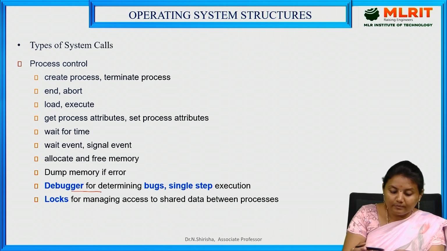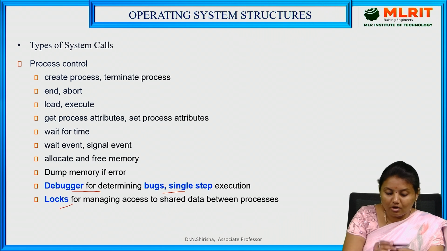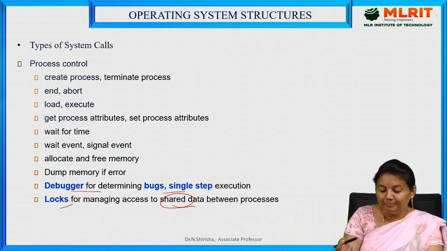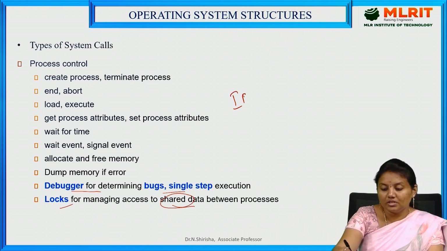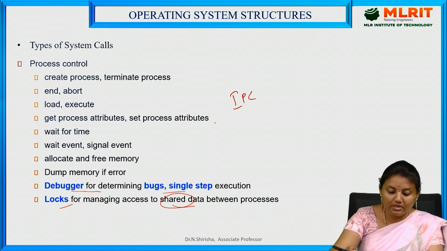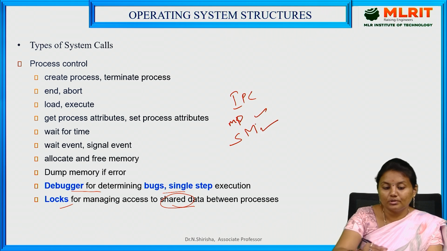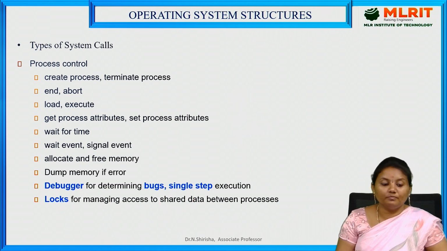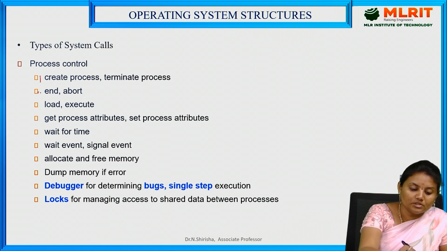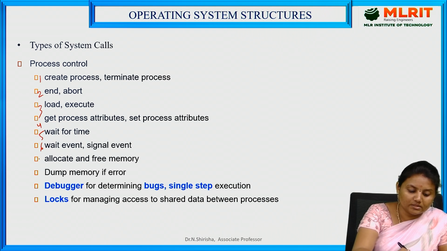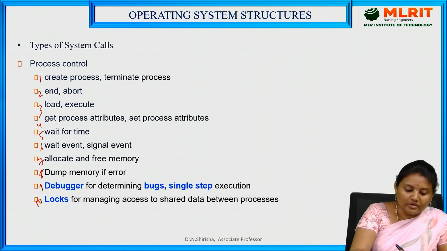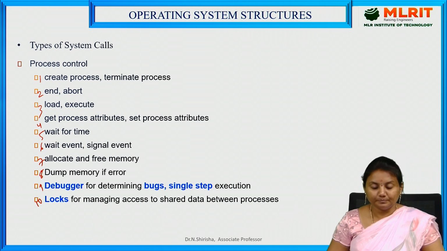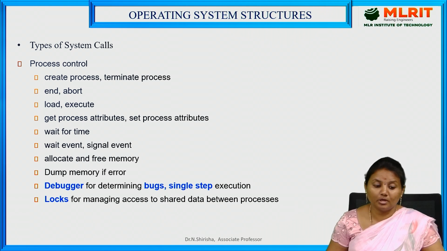And debugging in a single step, and locks for managing shared data, where interprocess communication (IPC) can happen remotely, where you need two things. One is message passing and the other one is shared memory. For these two also you need system calls. So using system calls, we can do all these operations with respect to the process.